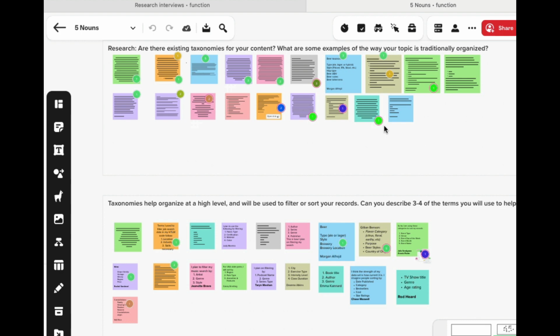Here's the important thing. How many terms are there? So think about that. If there are 5, well, that's one thing. If there's 50, that's another thing. So taxonomies don't have to have any limit to them. I mean, I think they probably fall apart at 50, to be quite honest.